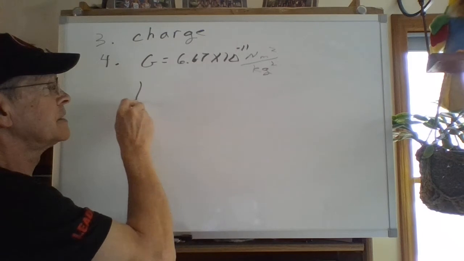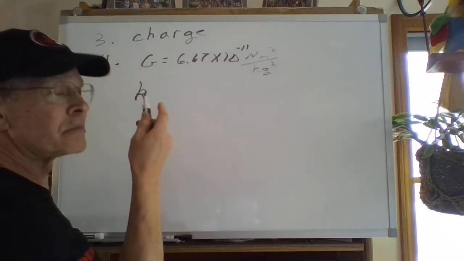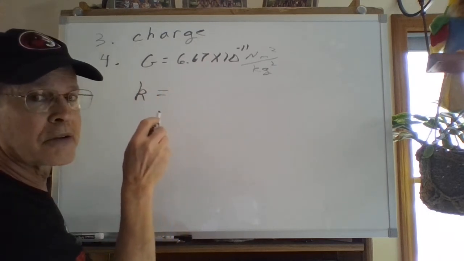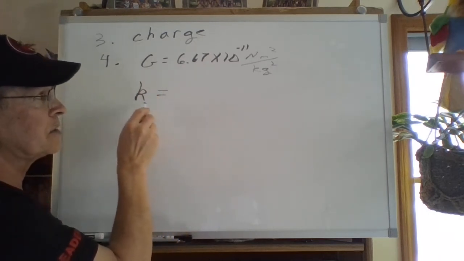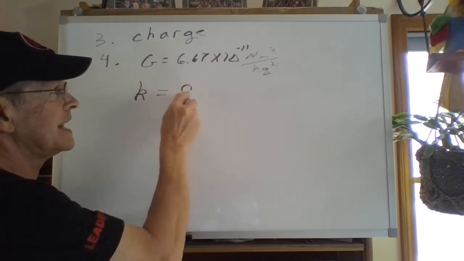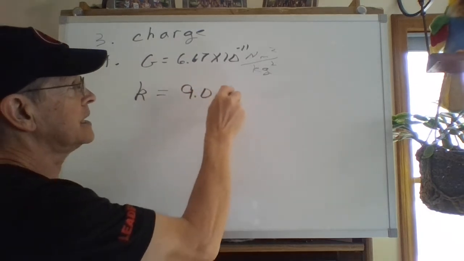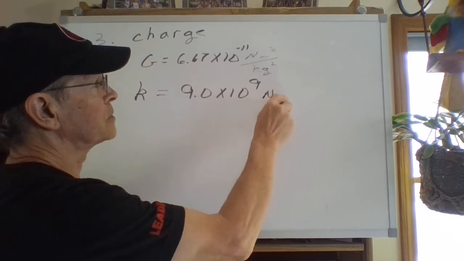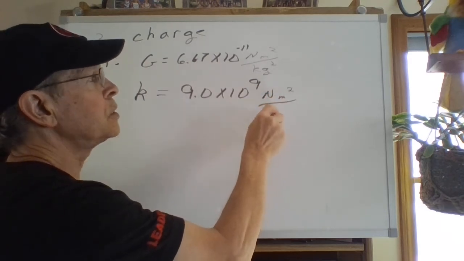The electrostatic constant, Coulomb's constant, is 9 times 10 to the 9th Newton meter squared per Coulomb squared.